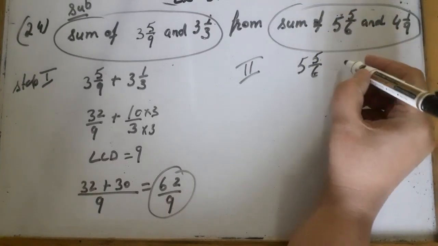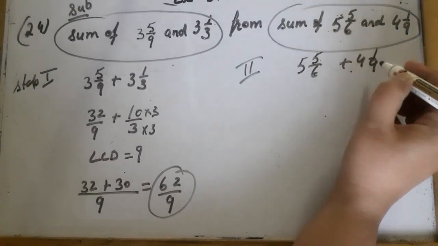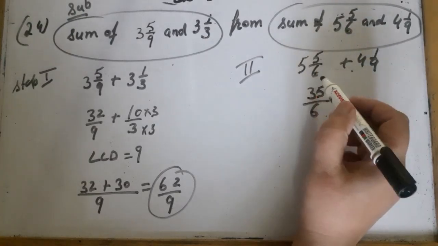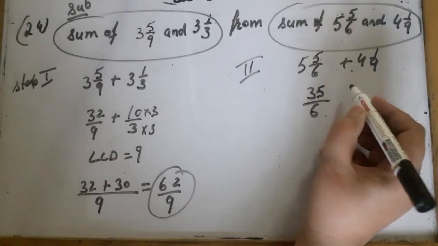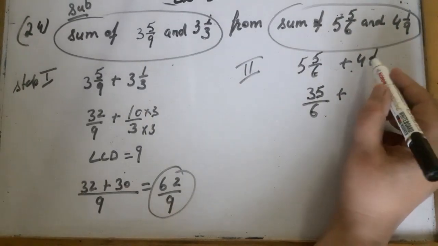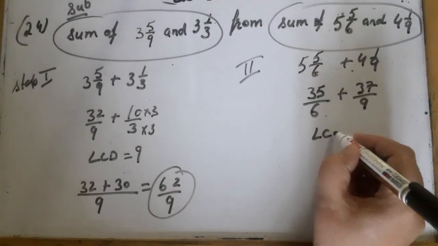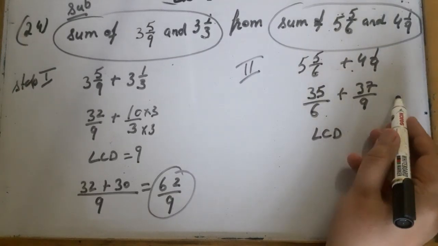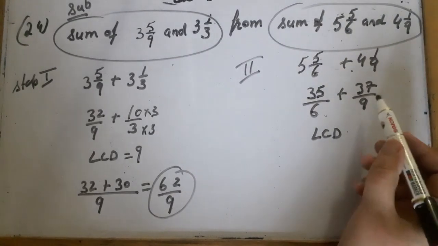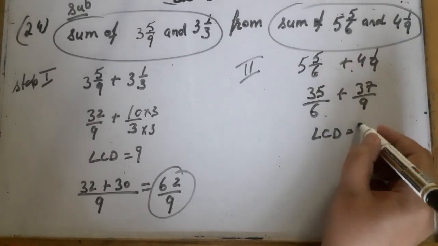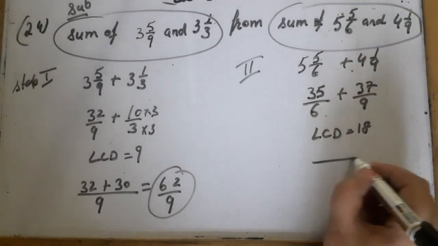Okay, now step number 2: the sum of 5 5 by 6 and 4 1 by 9, I have to add. Sum means I have to add, so I convert this into improper. 6 5s are 30, 35 by 6, 9 4s are 36, 37 by 9. And what will be my LCD? 9 ones are 9, I don't get 9 in the table of 6. 9 2s are 18, I get it in the table of 6. 18 will be my denominator.